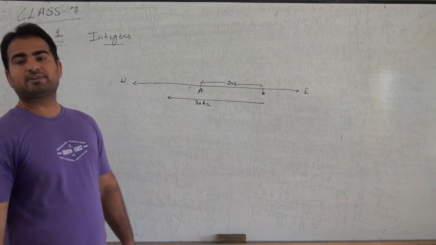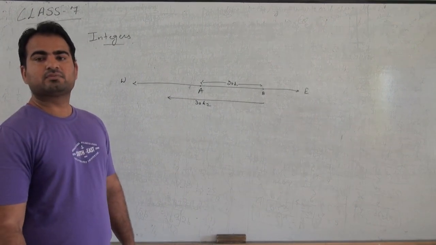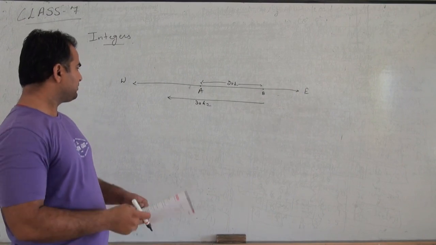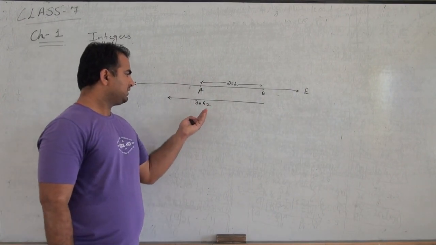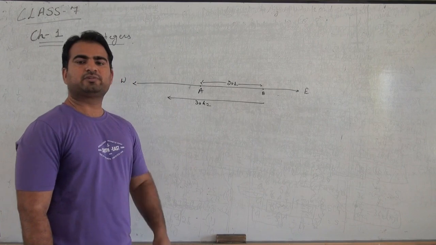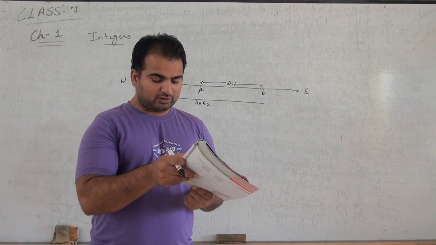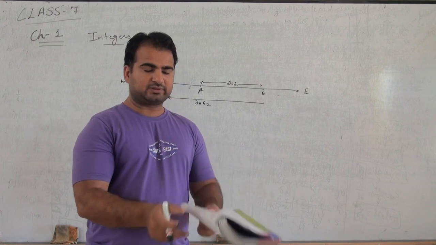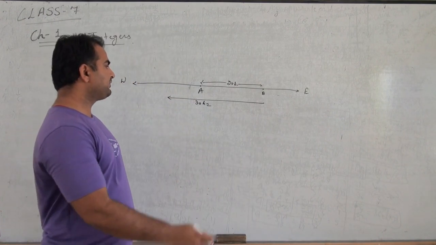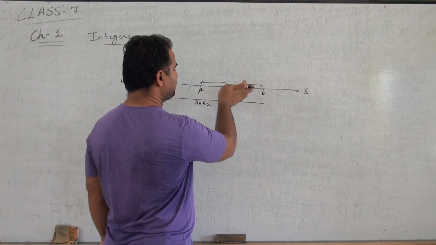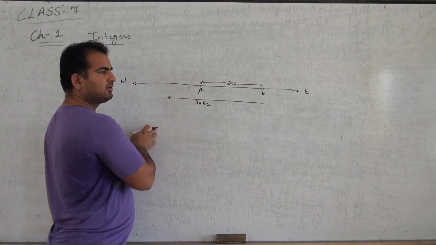Okay, what is the difference between the distances? What she is asking is, how will you represent the distance traveled towards west? If going from west to east is positive, then this will be negative.